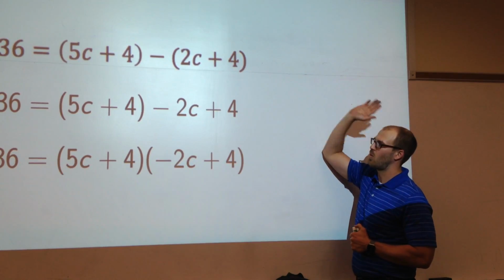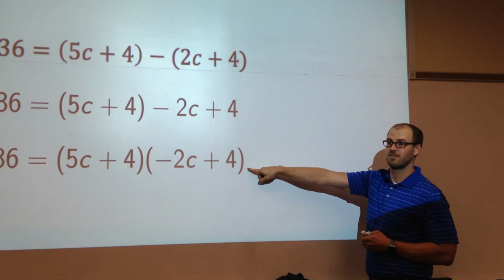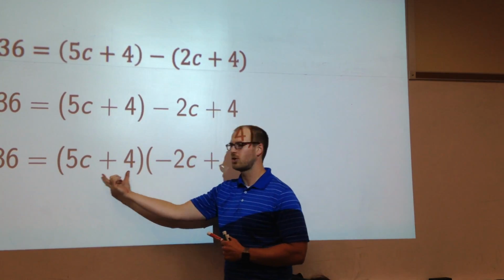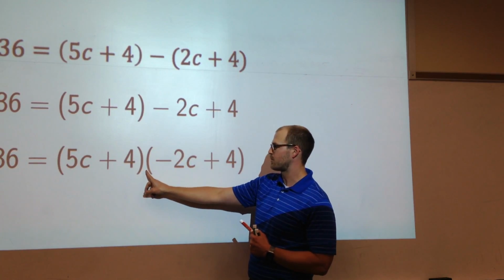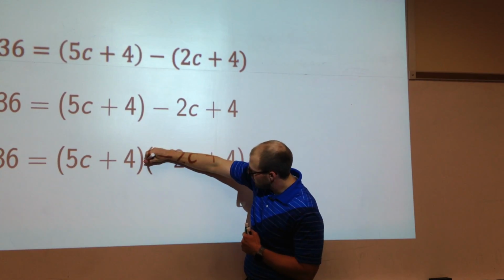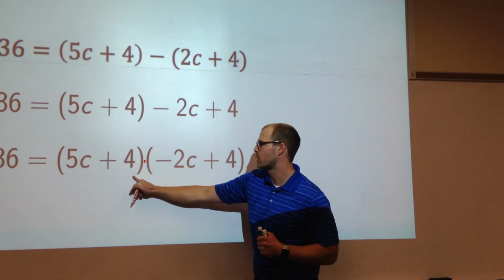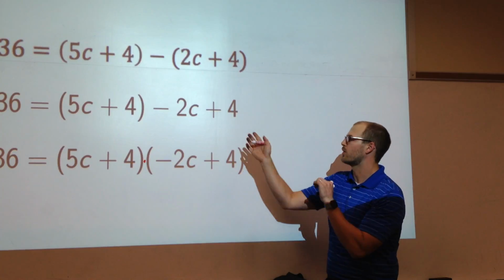So, someone explain to me why they're all different. That one, the bottom one, you're multiplying. Nice. Let's talk about that for a second. What's happening between these 2 binomials? There's no sign between these parentheses. So when you have parentheses next to parentheses, what's implied here? Well, it's really a multiplication. So we're multiplying those 2 terms.